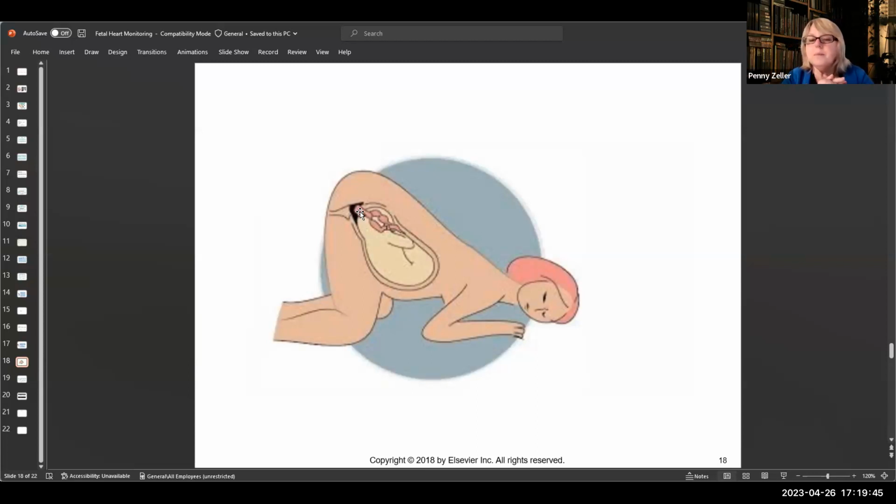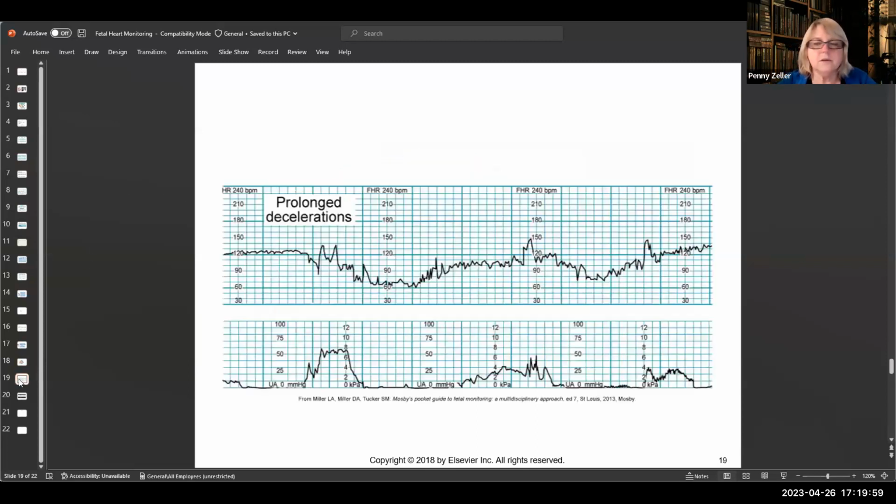When we turn her up on her knees and chest, that drops the baby back down into the uterus and away from the cord. So the knee chest position is most ideal for variable decelerations.